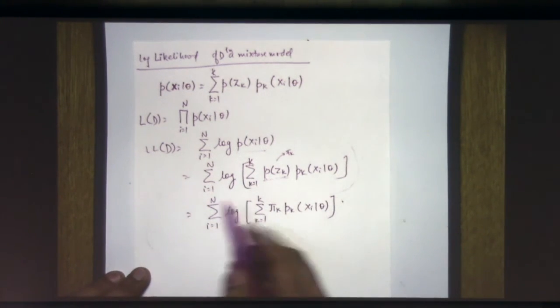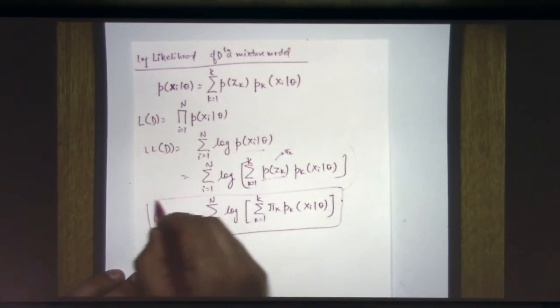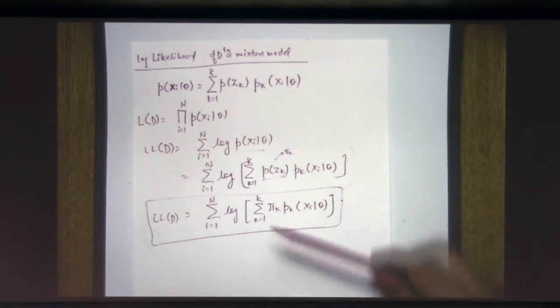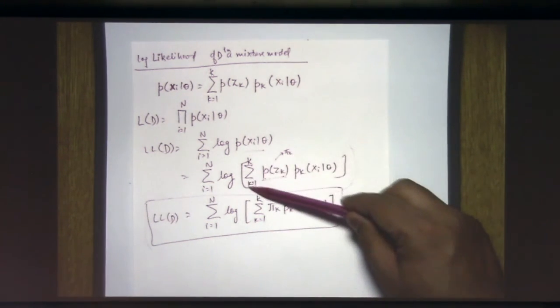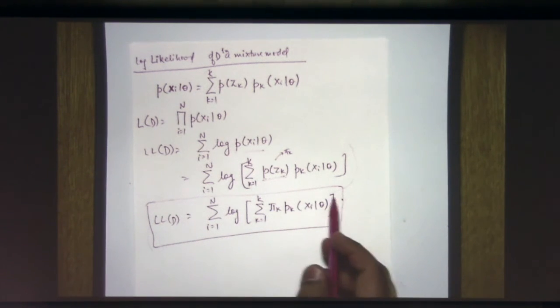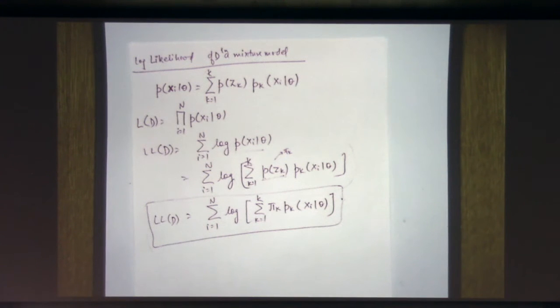Now this quantity does not have z in it. That means that to compute the log likelihood, we don't really need the z assignment, because we have marginalized over all possibilities. So in principle, we can maximize it to find the pi's and the thetas and get our answer. But the point is that this is a very hard function to optimize.